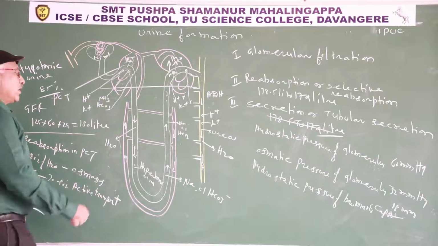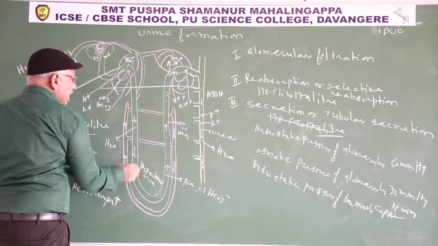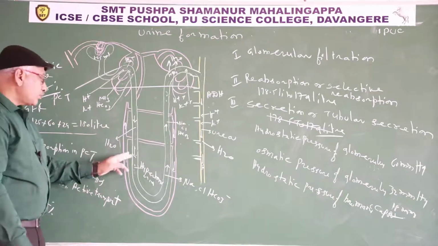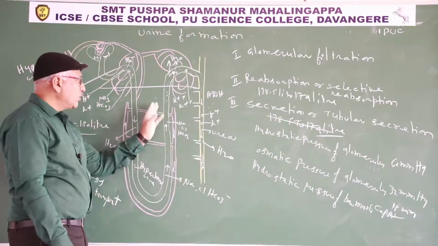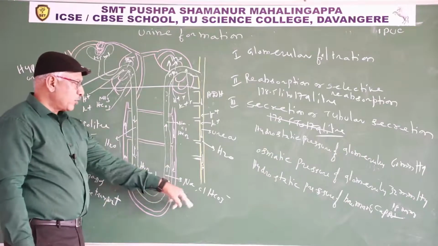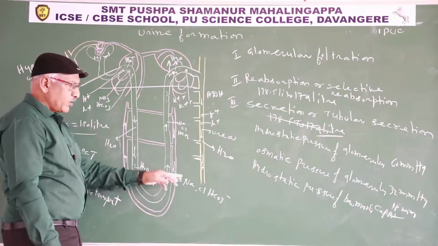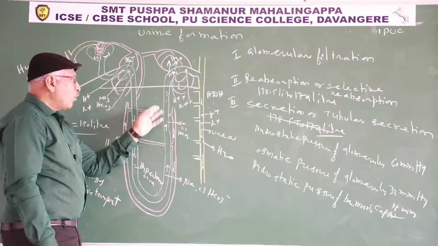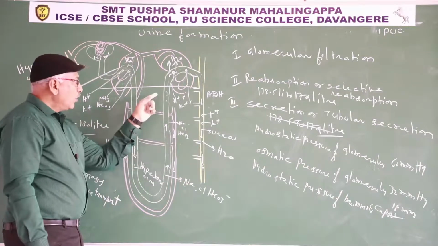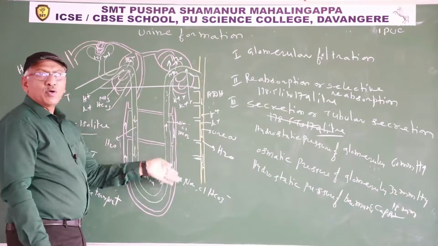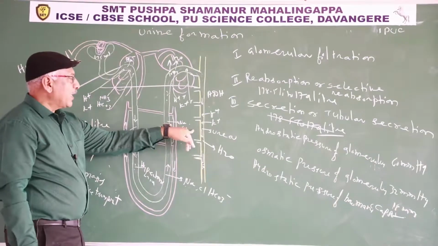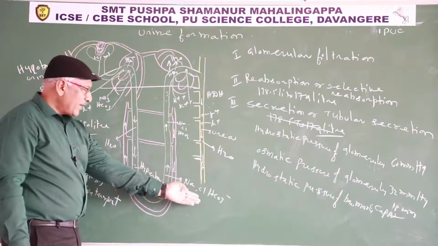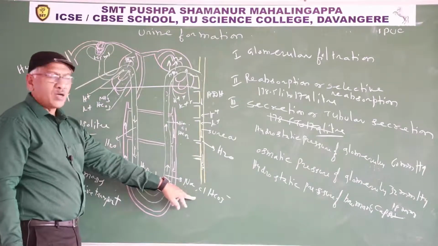Sodium chloride, bicarbonates, different types of electrolytes are absorbed into the medullary fluid passively, while primary urine is passing through the proximal part of the ascending limb. Why? Here there is less concentration, so they move from high concentration to low concentration.